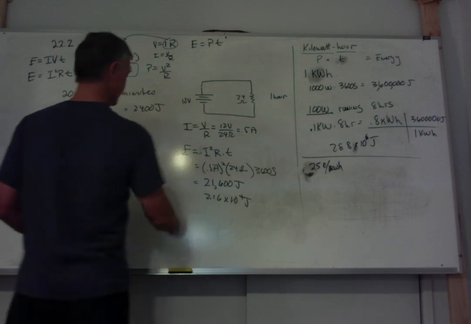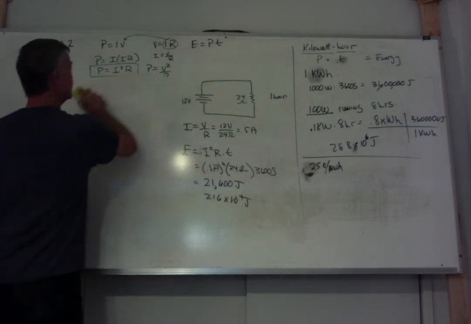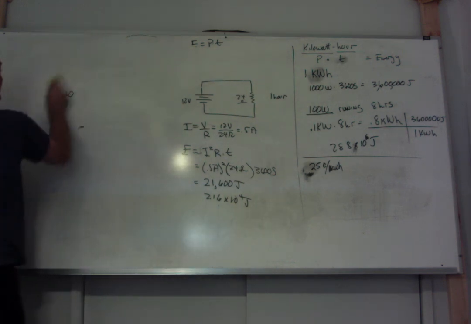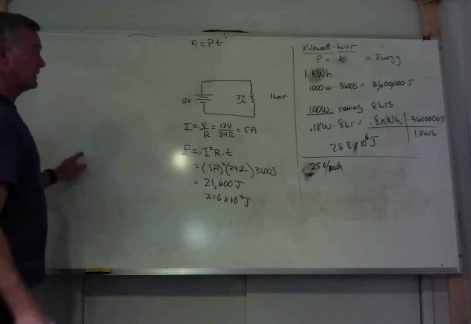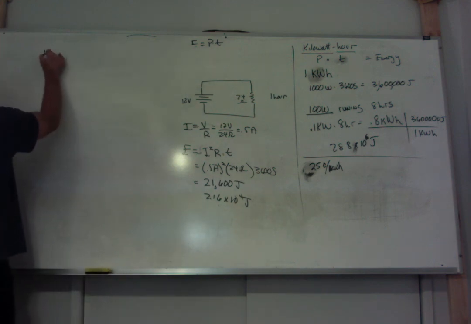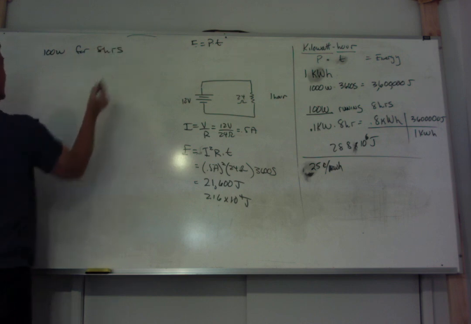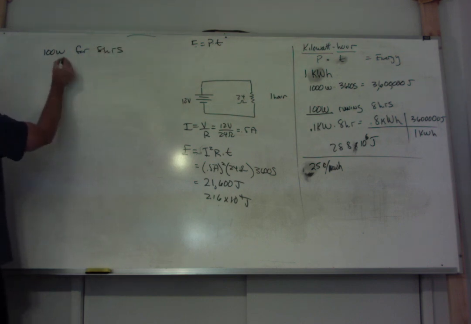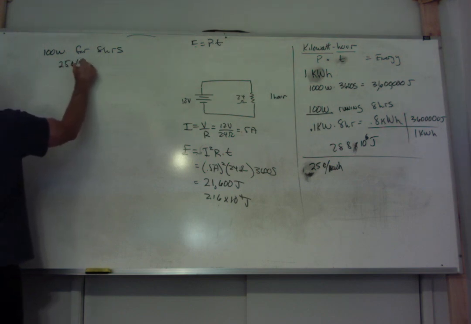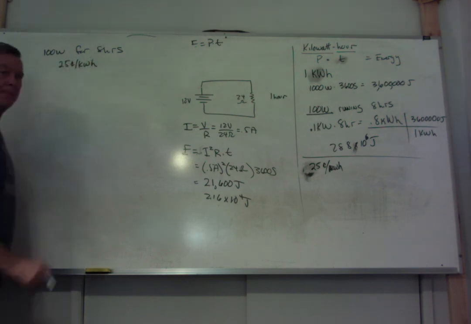So let's take this same problem I just did. Let me erase this here. Let's say you did run a light bulb. You had a 100-watt light bulb. You ran it for 8 hours. And your cost for electricity is 25 cents per kilowatt hour. How much did you spend?